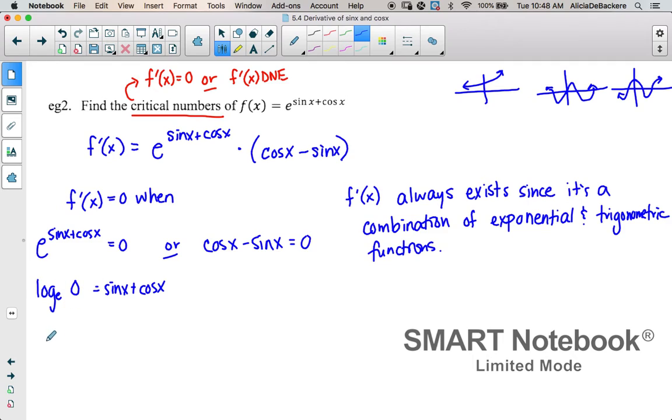And I know that log base e of 0 is undefined. So therefore, there are no solutions to this part.